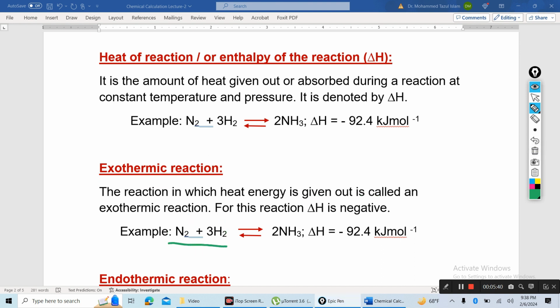These are the reactants to produce NH3. This is the product. So in this reaction 92.4 kilojoule energy is released. As energy is released and delta H value is negative, this reaction is an exothermic reaction.